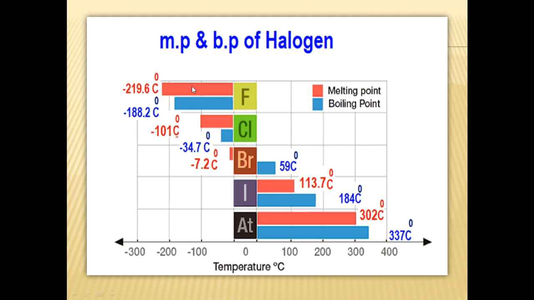The melting point of fluorine is minus 219.6 degrees centigrade, while the boiling point is minus 188.2 degrees centigrade. But of astatine is 302 degrees centigrade and 337 degrees centigrade. It means from fluorine to astatine, the melting point and boiling point increases due to increase of van der Waals forces.